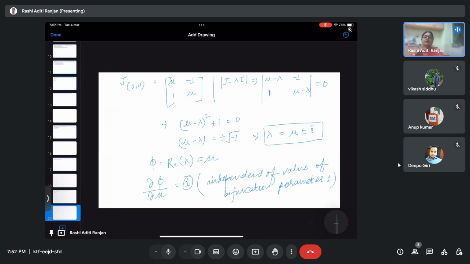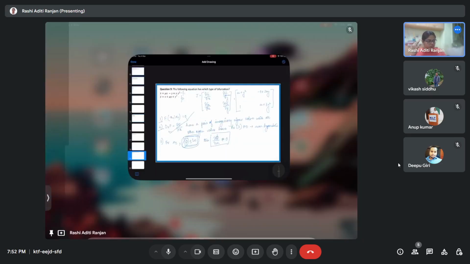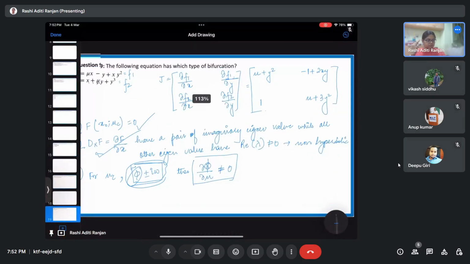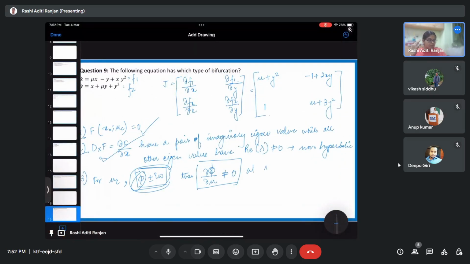Okay, and you see that this is independent of the value of the bifurcation parameter. Since I have to compute at, see, this should be not equal to 0 at mu equals mu c.